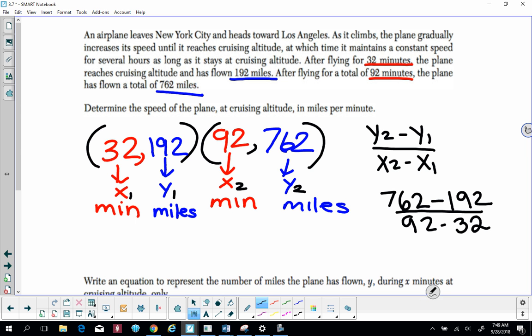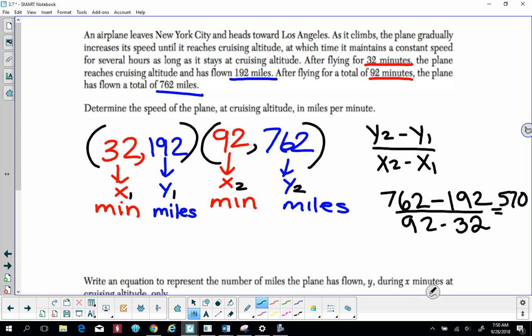Anyone else? All right, so what do we get when you subtracted these? What is it?